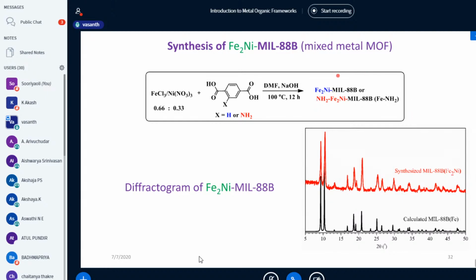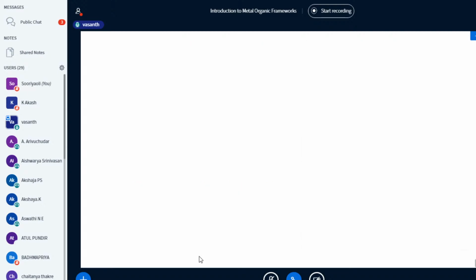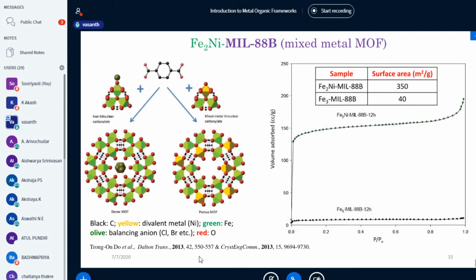It can also be called a mixed metal MOF. And this is the powder XRD data, which says both the structures are the same, single metal as well as mixed metal. So both these MOFs have similar structure, but the properties are very different.